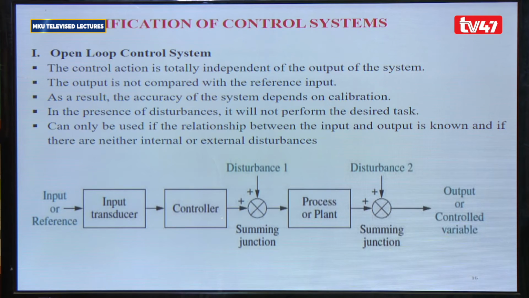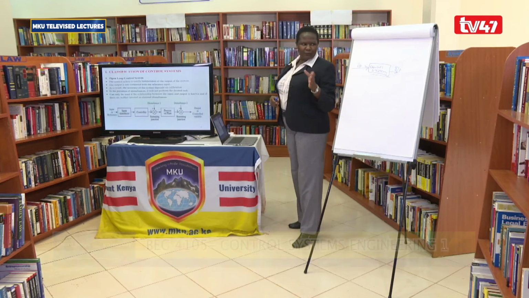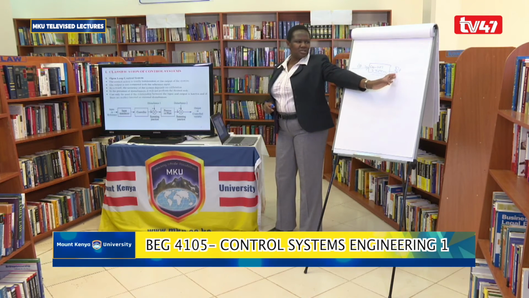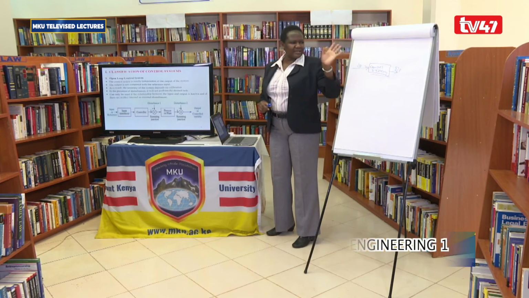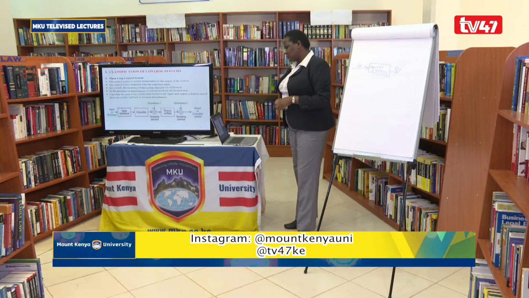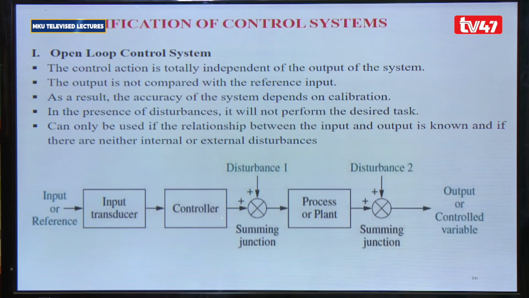In most of these industries, you find they have quality checkers to check on the product that comes out so that they can advise the operator on what to do. The output is not compared with the reference input. As a result, the accuracy of the system depends on calibration.